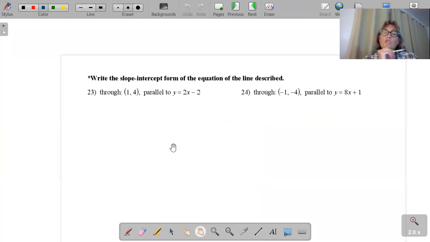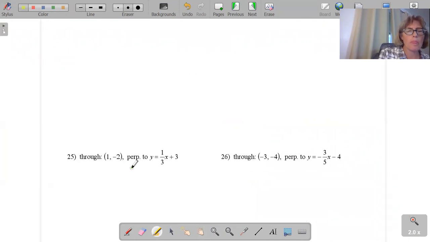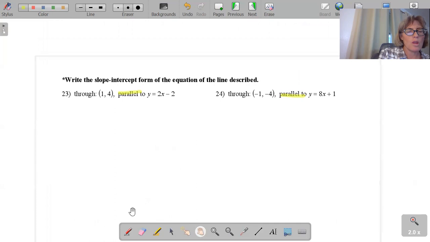It says, write the slope-intercept form of the equation of the line described. And notice we have two which are parallel, two which are perpendicular. And remember, for parallel, the slopes have to be equal.